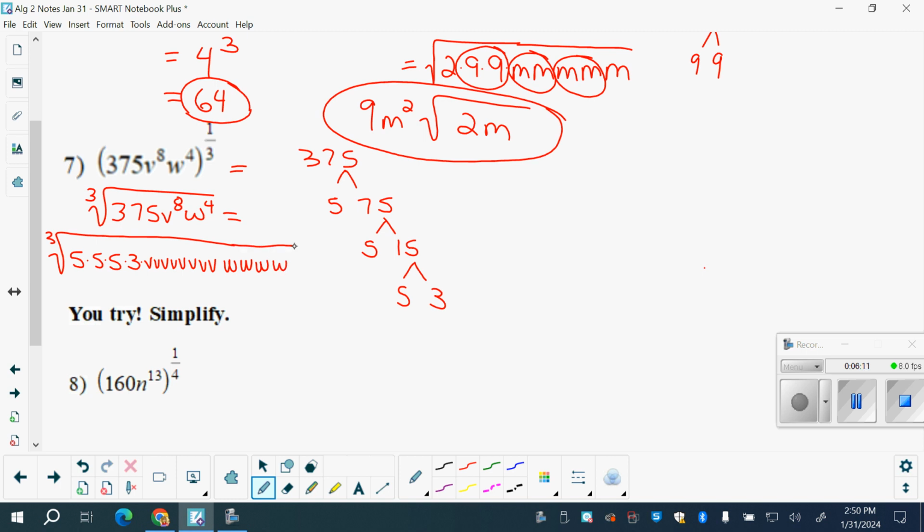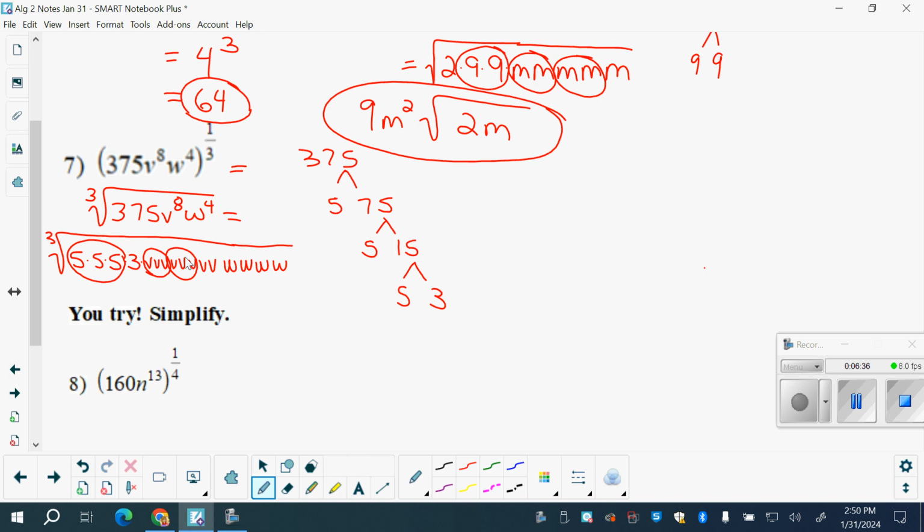So Isan, what are we looking for groups of? 3, that's right, because it's the cube root. We have 3 5s. What else? What else do we have groups of? We're looking for 3 of them. So 3 what? 3 V's. And then another 3 V's, right?